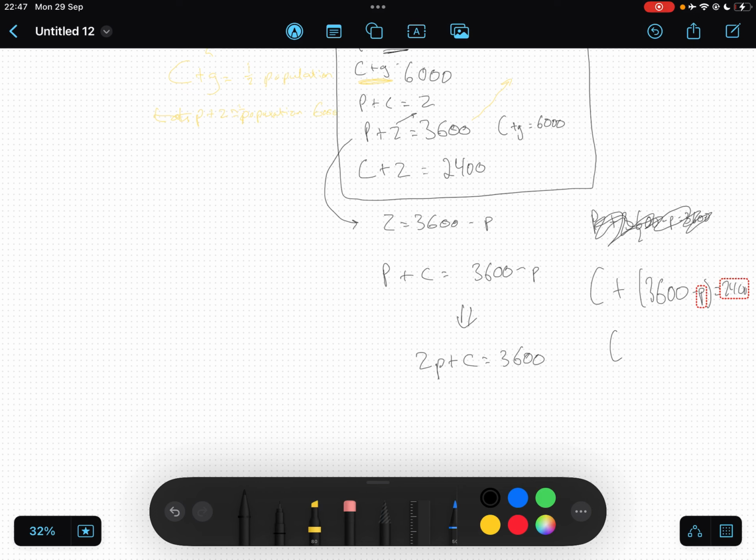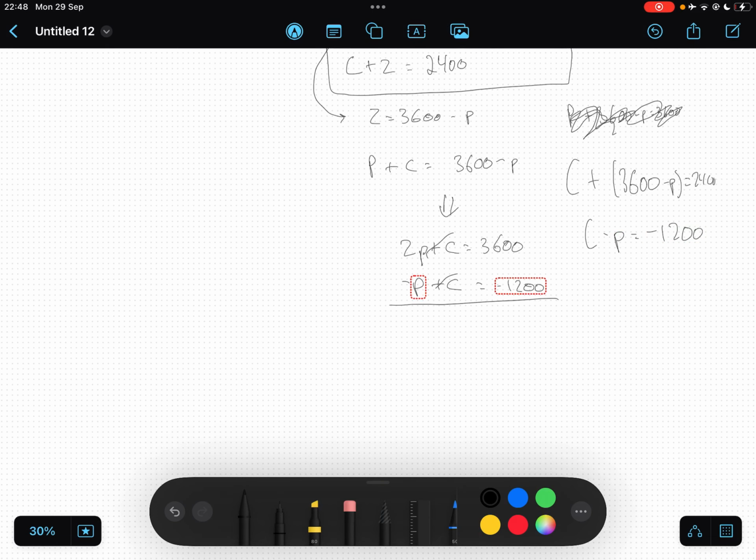C minus P equals negative 1,200. Okay. So we've got negative P plus C equals negative 1,200. Subtract from both sides. You get 3P equals 4,800. Therefore, P equals 1,600.